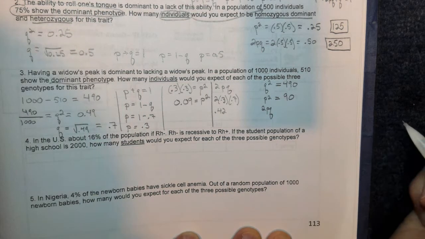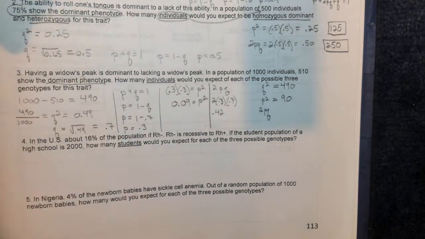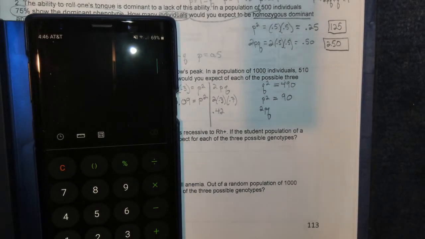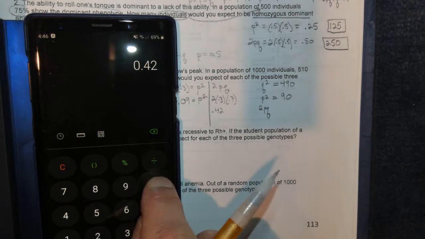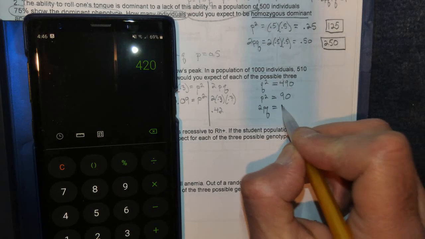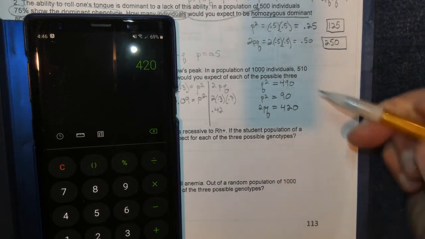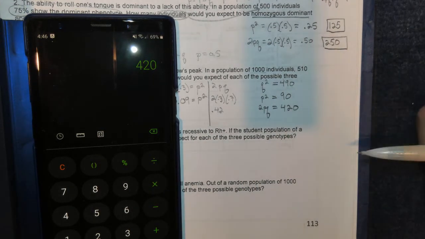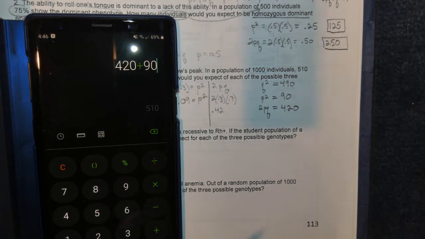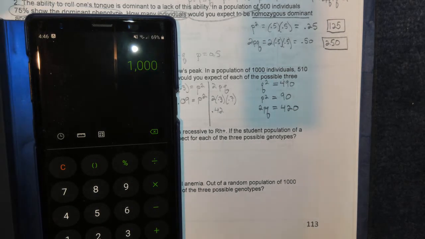And so that means 42% of my population is going to be heterozygous. So I take 0.42 times 1,000, that's 420. Now to check ourselves, let's add up all of these values. 420 plus 90 plus 490 should equal 1,000, and it does. That's fabulous.